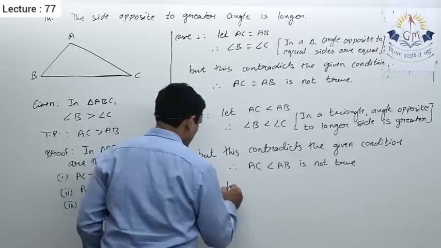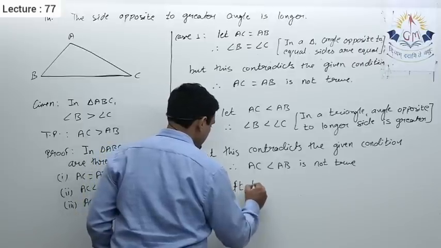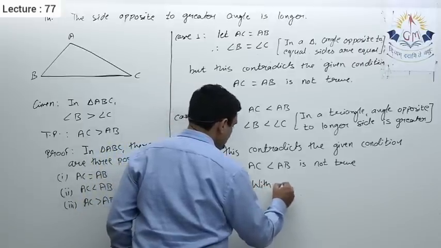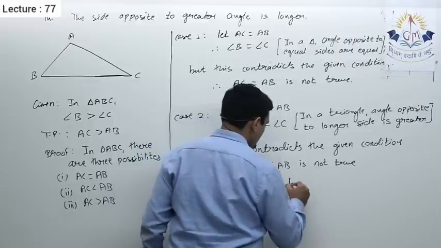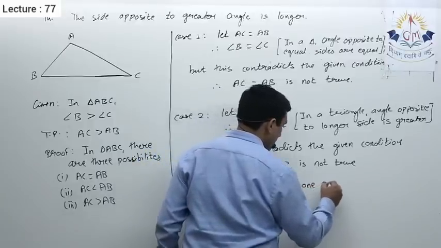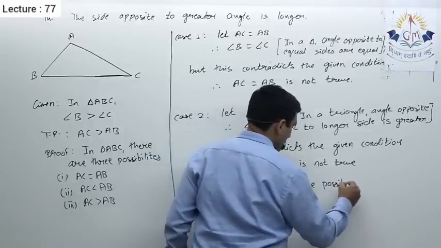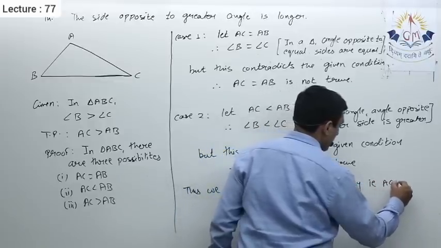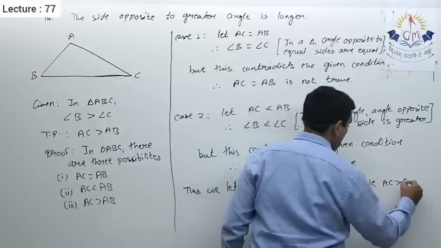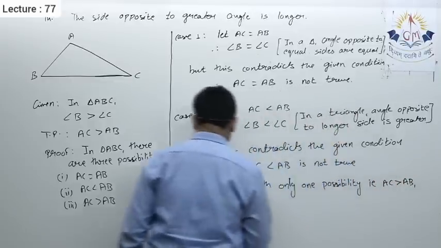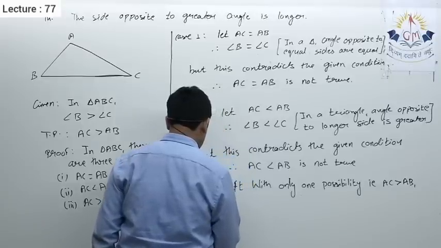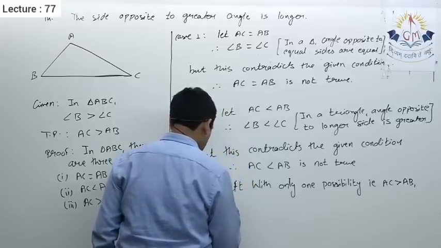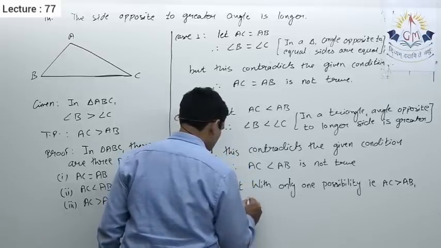Thus we are left with only one possibility, that is AC greater than AB, which must be true.